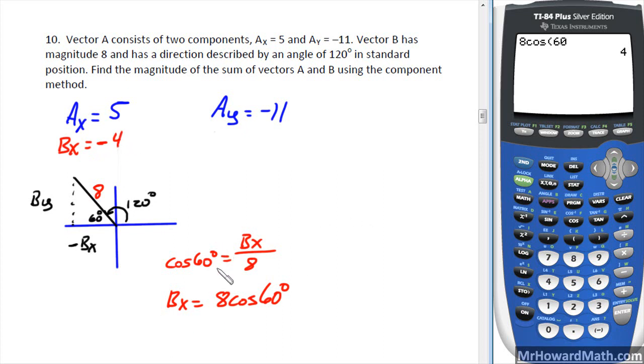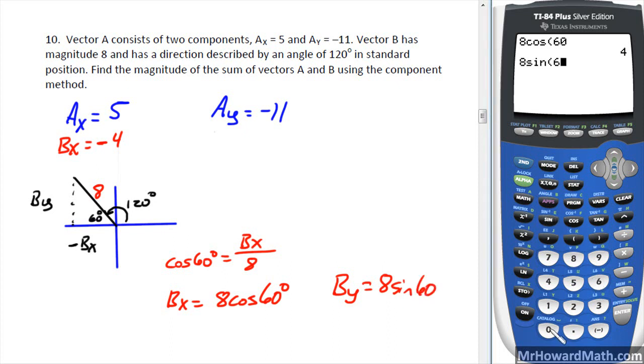Now we'll use a similar pattern to find b sub y. We just replace cosine with sine because the y value is the opposite from this angle. So b sub y will be positive 8 sine of 60. 8 times sine of 60 degrees gives us 6.93. So b sub y is positive 6.93.